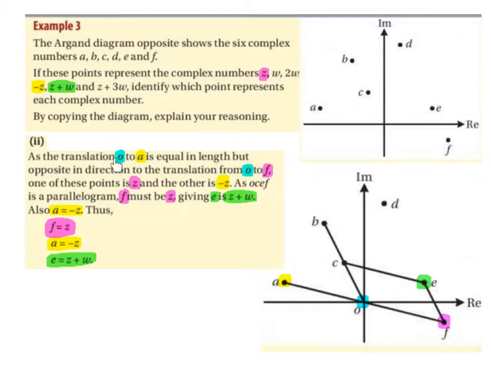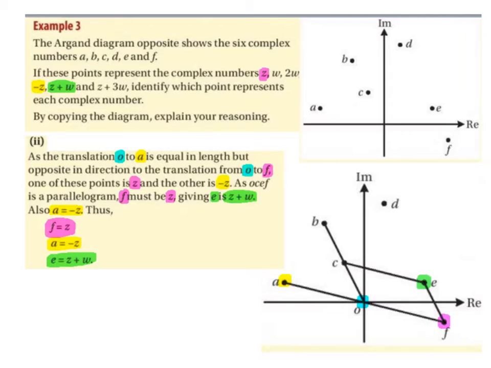As the translation O to A is equal in length but opposite in direction to the translation of O to F, one of these points is z and the other is minus z. So from O to A and from O to F, we can see that they are the exact same distance from the origin. They're just going in opposite directions.